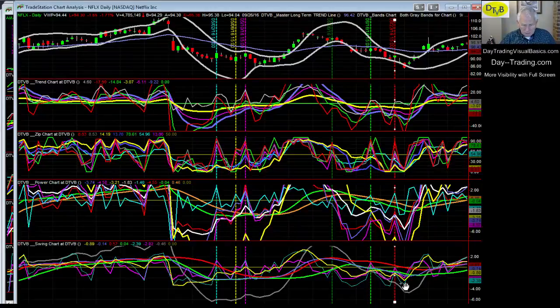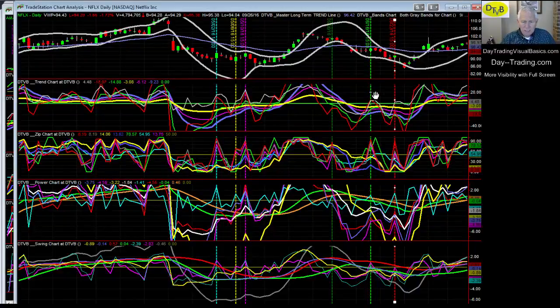However, you've got everybody in an uptouch. The pink line is uptouching zero, and the cyan and yellow are uptouching the green swing line. And so you've got a lot of supporting evidence that would tell you that next day this red vertical line is going to go down.